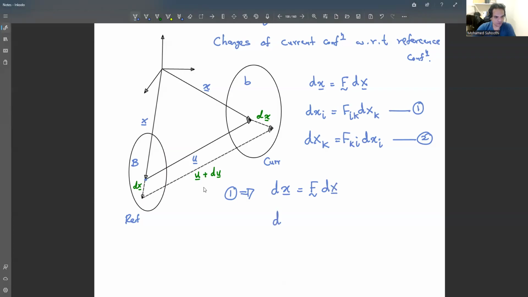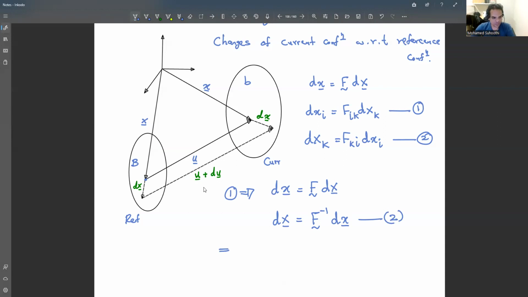From here, if I want to find the dX vector, I have to pre-multiply with F inverse, right? So therefore F inverse here, F inverse into F is the identity matrix into dX, the same dX. So this is the dX vector. This is actually equation number 2 in the matrix form.